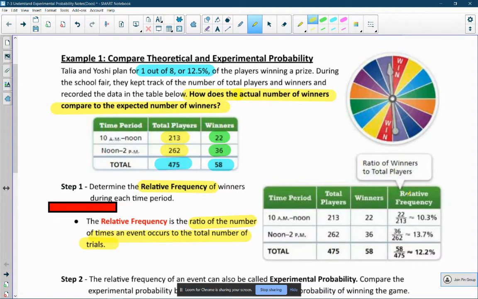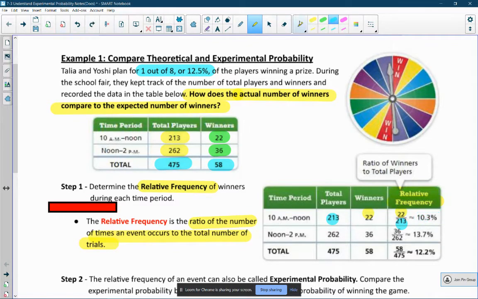And what we have now is we are finding the relative frequency. So all we're doing, we're going to make a ratio. And what we're going to do, we're going to put the number of winners over the total number of people, right? Number of winners over the total amount of people for each one. So in this first one, we get about 10.3%.